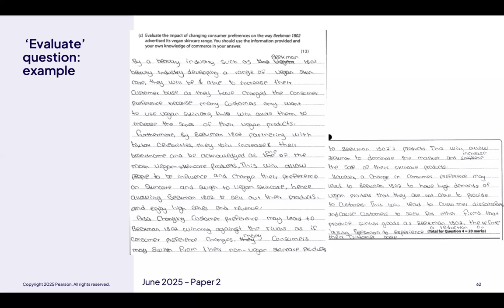Can you have a look if you can identify linked strands? Is there any knowledge in here? Is it in the context of this skincare product and business and industry? And is there any balance? So can I leave you with those questions for 3 minutes, and then we'll come back together and have a look at the response.